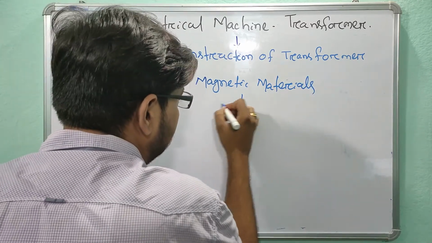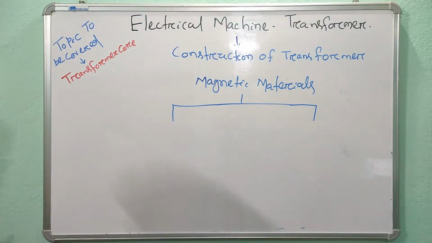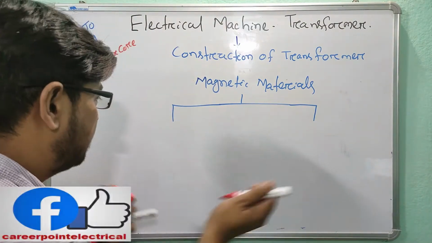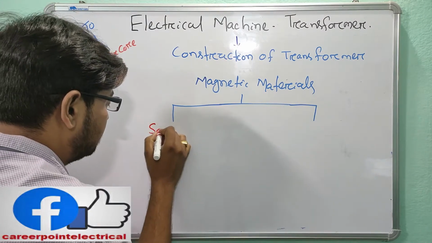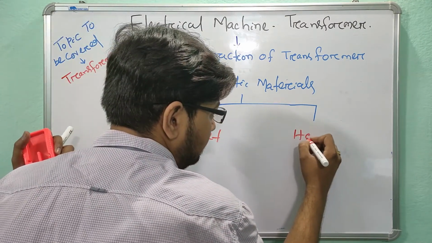There are two types of magnetic materials: one is soft magnet, number two is hard magnet.